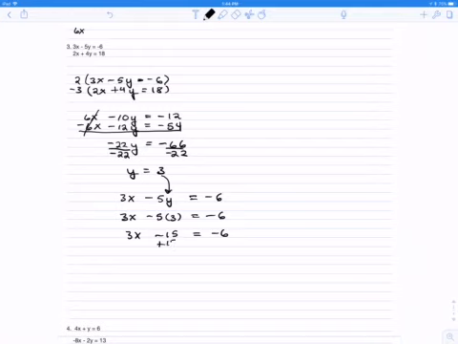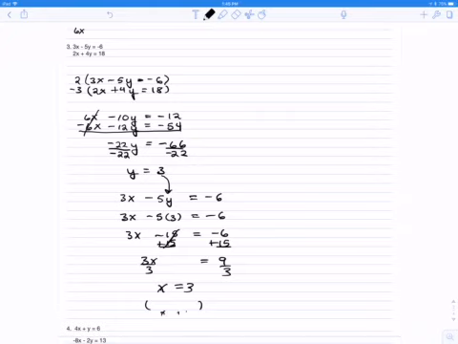I'll add 15 to both sides. I have 3x equals 9. x equals 3. So if x is 3 and y is 3, both of those equations will be true statements. As an ordered pair, in parentheses, I'll do x first, comma, then y. So 3, comma, 3.